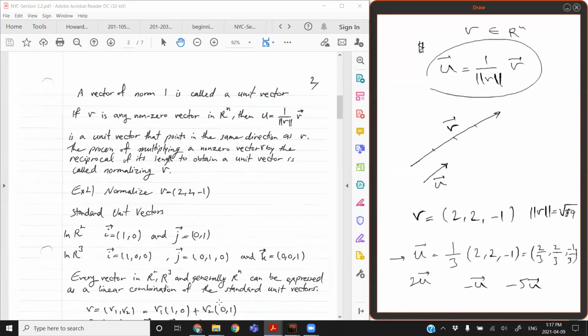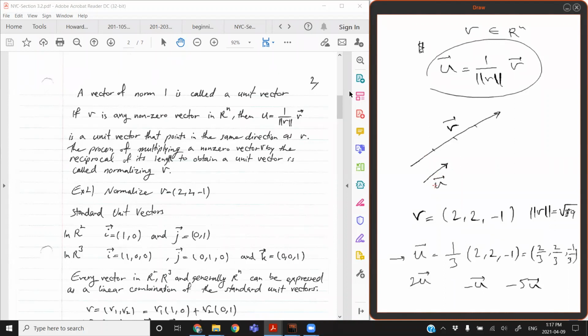Would you mind re-explaining that, please? Yes. So u is a vector like this. If this is v, then u is going to be a vector that points towards the same direction. It's parallel to v, and the length of u is going to be 1. Okay.